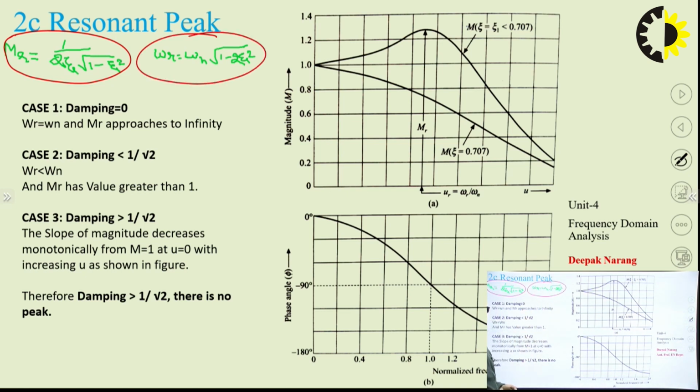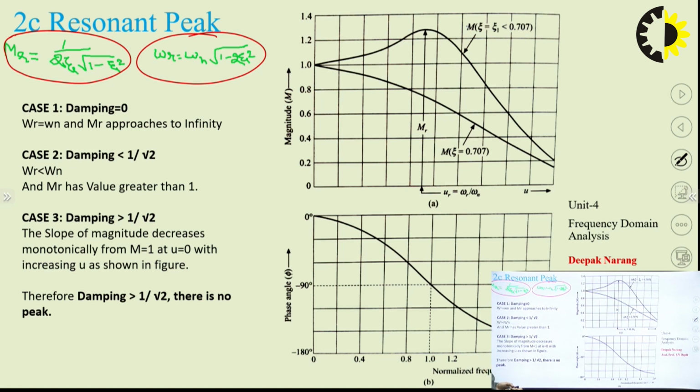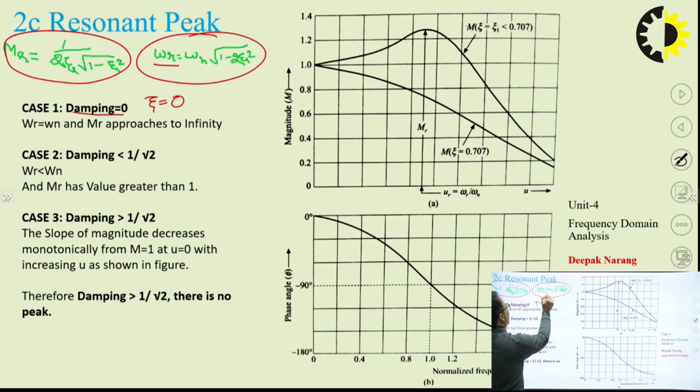We can have several cases from these two equations. If damping is equal to 0, that is if zeta is equal to 0, our resonant frequency will be equal to its natural frequency, and in that case this magnitude will approach infinity.